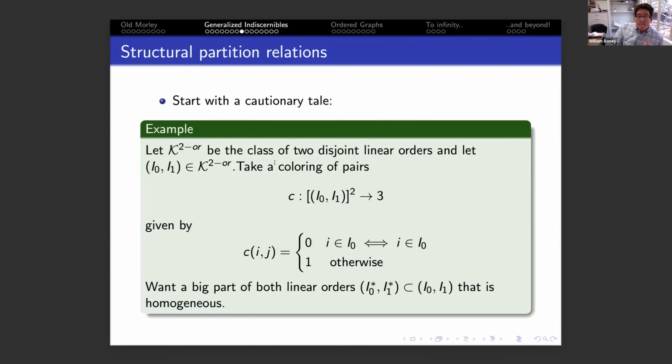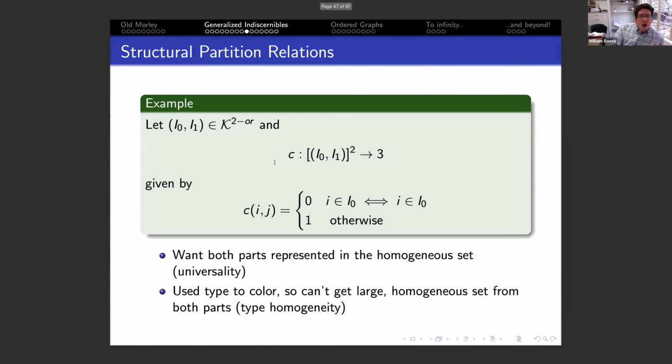And what I want is a big part of these linear orders that's homogeneous. But there are some problems here. If I just talk about cardinality and say I want two linear orders where the cardinality is big, I could probably do that, but that forgets that I'm in this category of two linear orders.